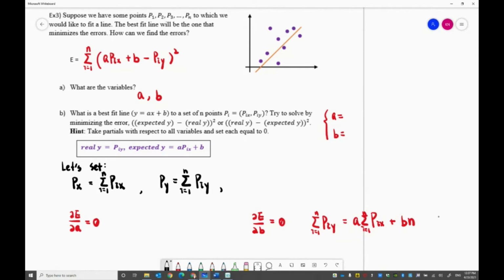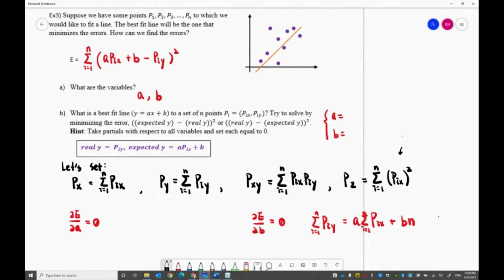If you already did the partial e with respect to a, you probably need more. So I'm going to set P sub xy as the sum of the product of x and y, because I need it for the first one. Then I also need one more: P sub 2, which I define as the sum of x squared.